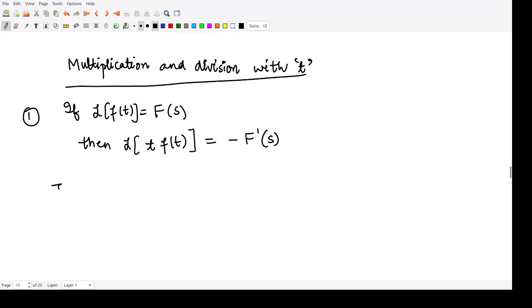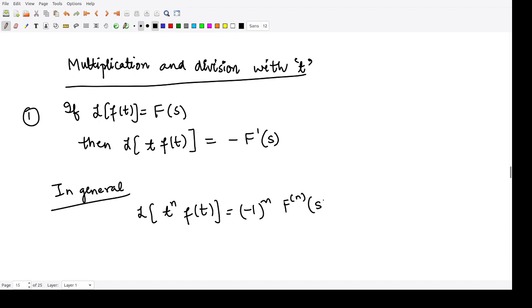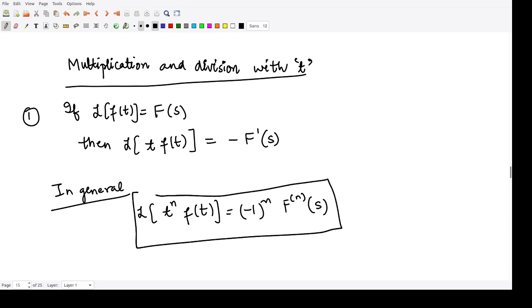And in general, if we multiply the given function by t to the power n, this would be equal to minus 1 raised to power n, the nth derivative of F of s. So this is the formula that you should remember. Here if you substitute n equal to 1, you will get this formula back.